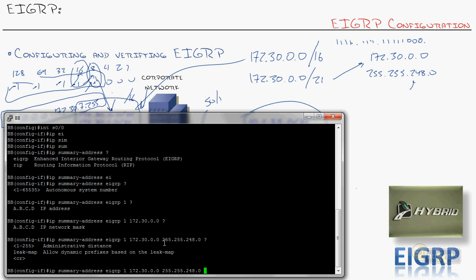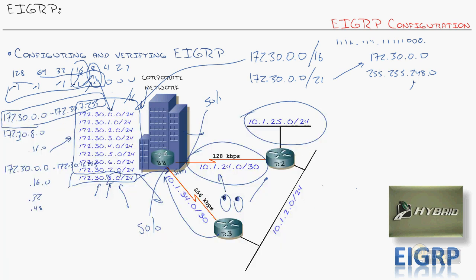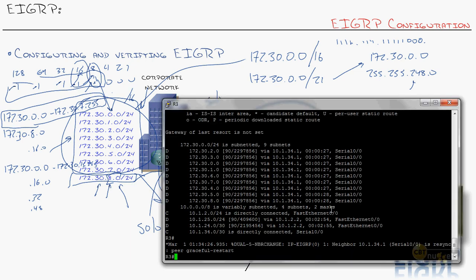You can get into things like a leak map. We're not even going to go there. I mean, we're just sending a summary address. So now the backbone router is saying, okay, I'm sending this summary address encompassing these first 8 networks, 0 through 7. So let's verify it. Let's go over to router 3 and check it out. I'm going to do router 3 show IP route.